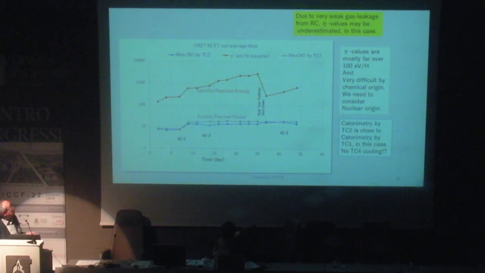And also the specific reaction energy for long time operation is very high, more than 100 eV per atom, sometimes over 1 keV, and difficult to explain by chemistry, of course. So this is some kind of circumstantial evidence of nuclear effect, we believe.